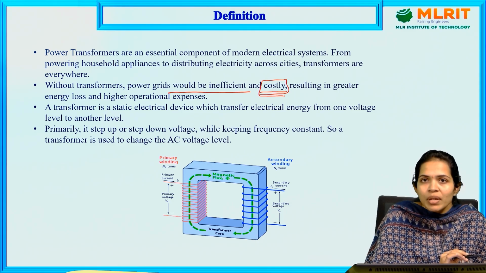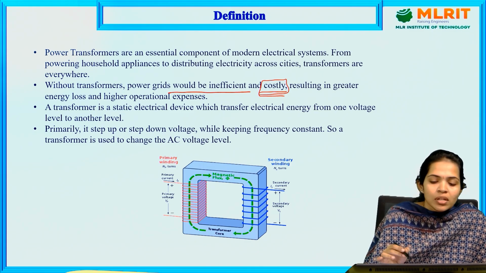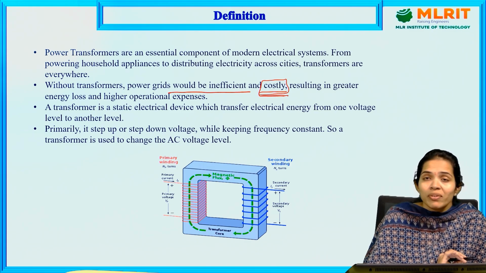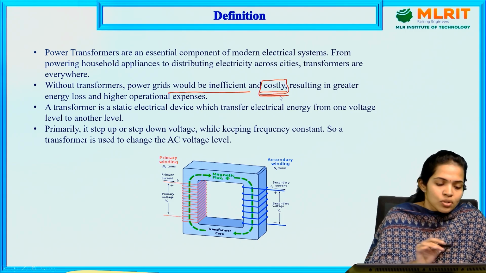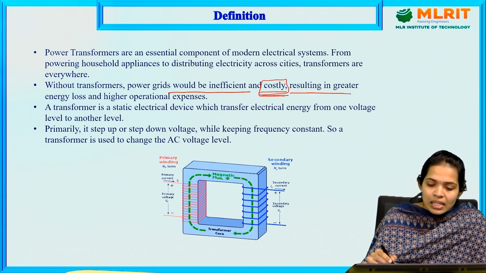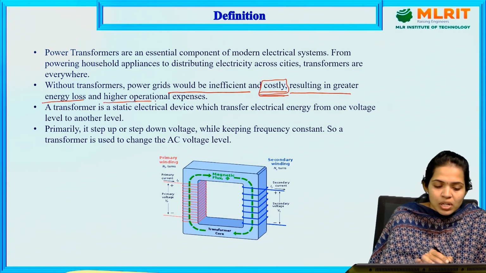If that stepping up and stepping down of voltages is not present in the power transmission system, it would be very difficult to meet the voltage requirements of the loads according to their particular rating, which will result in greater energy loss and higher operational expenses.